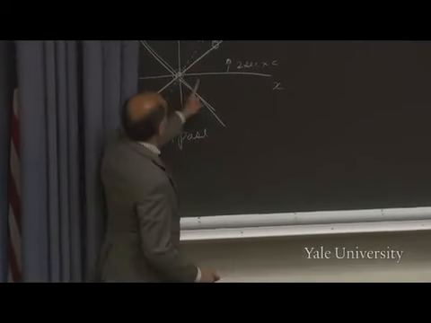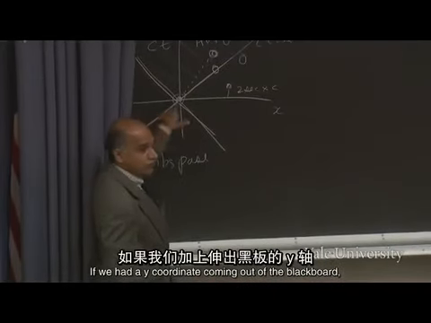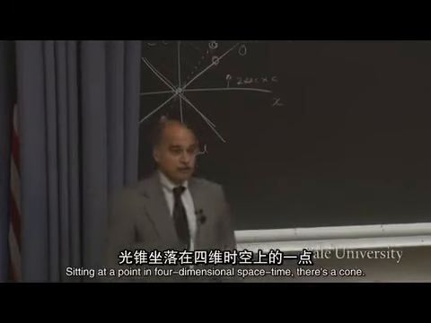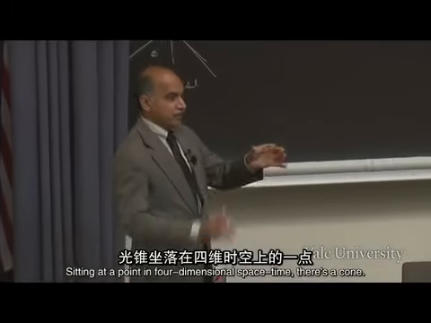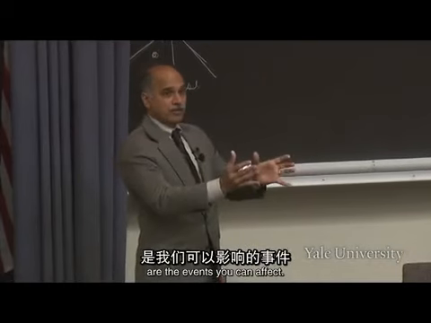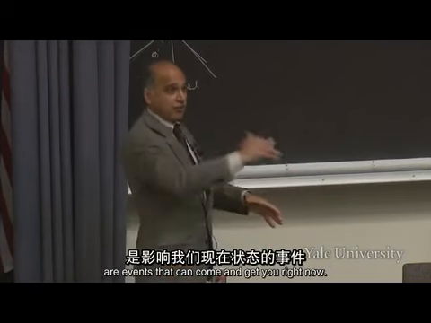All right, so this is the second thing, and it's called the light cone for the following reason. I've only shown you an x coordinate, but if you have a y coordinate coming out of the blackboard, the surface will look like a cone. That's why we call it the light cone. So sitting at a point in four-dimensional space-time, there's a cone, and all points in that forward light cone are events you can affect. All points in the backward light cone are events that can come and get you right now.